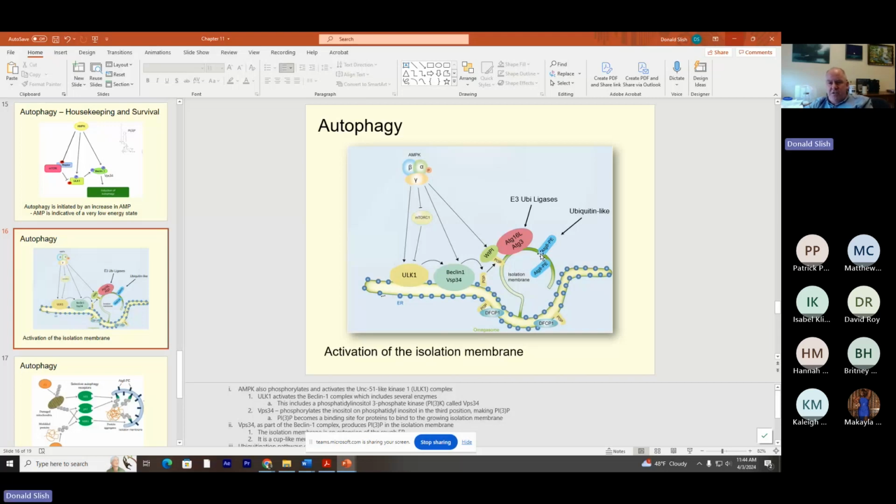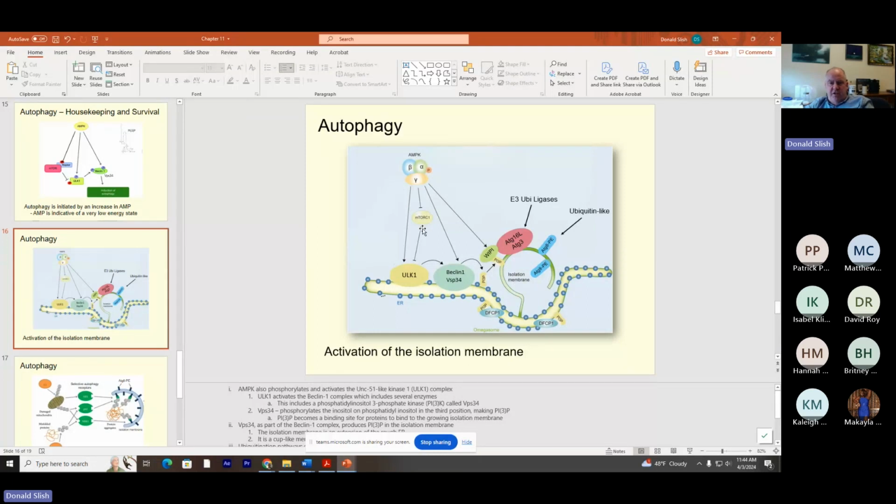So this is going to mark this as the isolation membrane, because now this will be the target for, or the receptor for things to accumulate into this isolation membrane to turn it into the autophagosome, which is what we're getting to next.